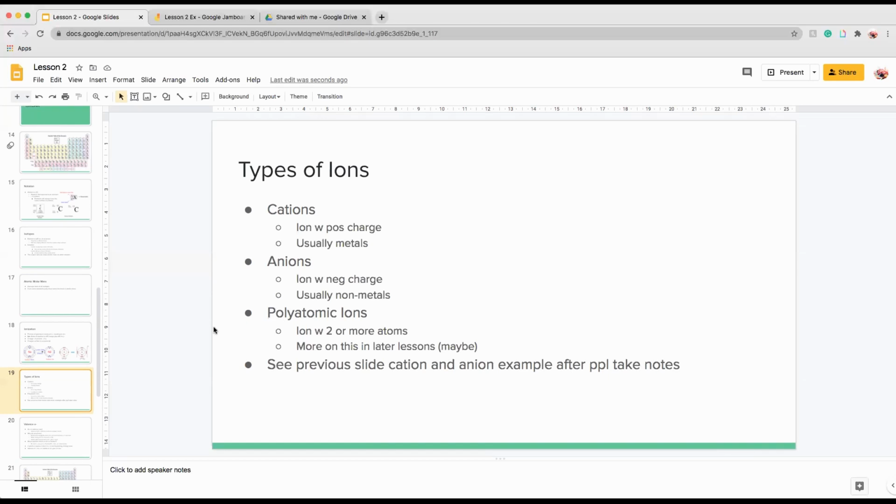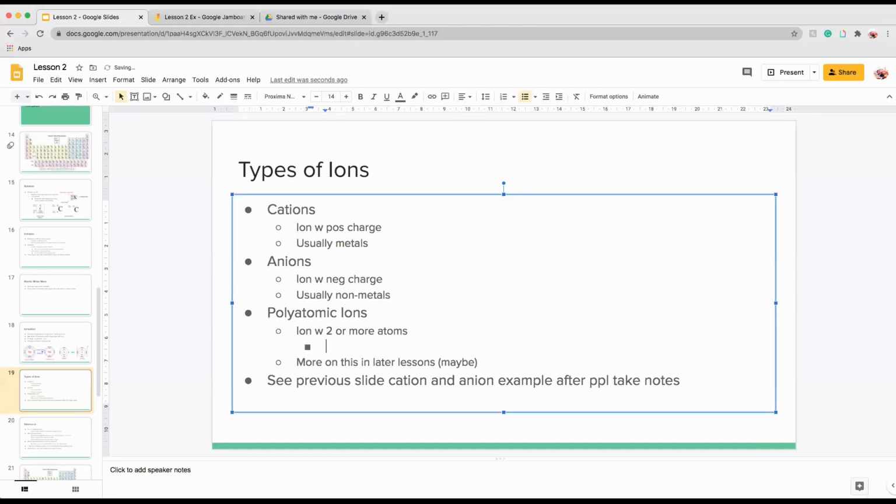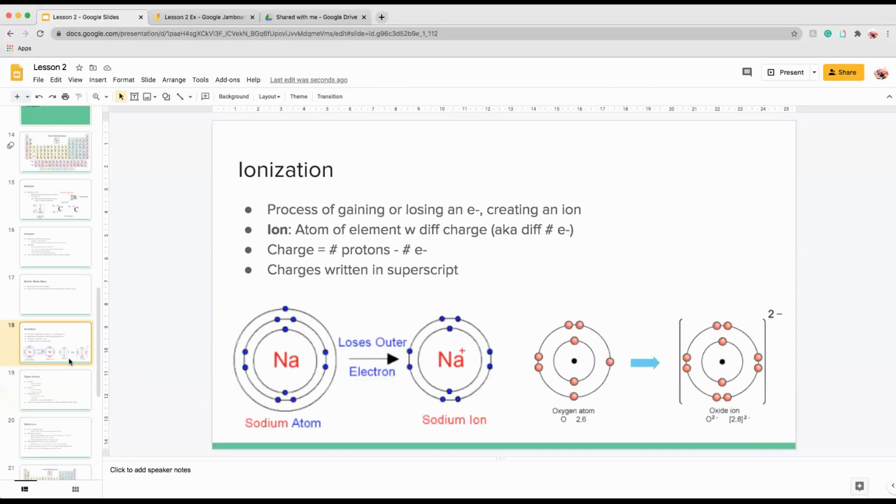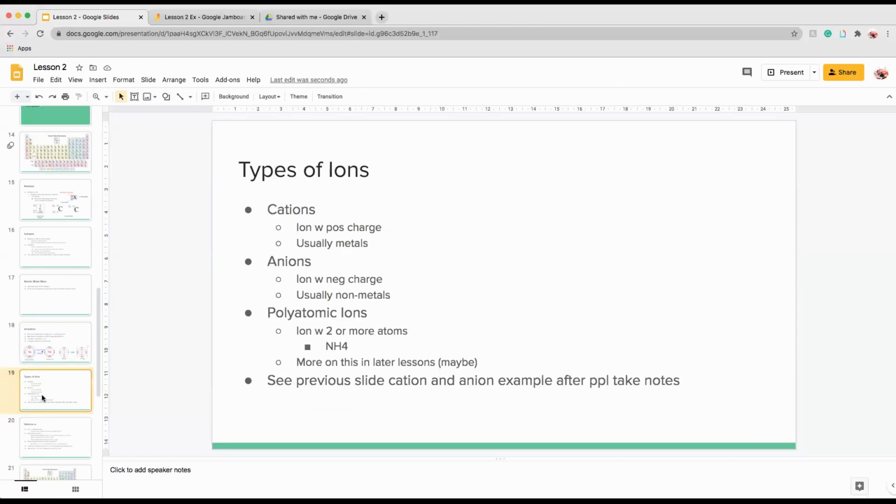There's another type of ion, which is a polyatomic ion, which is an ion with 2 or more atoms. An example of this would be NH4, which is an ion. You don't need to know this yet. You might learn this later. So again, here we have sodium, which is a cation because it has a positive charge. And this oxide ion is an anion because of its negative charge.